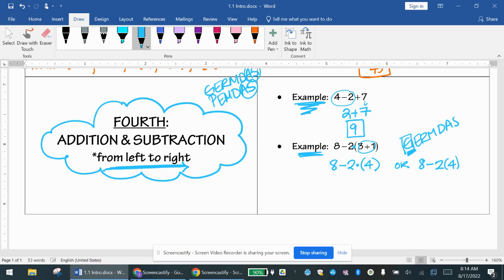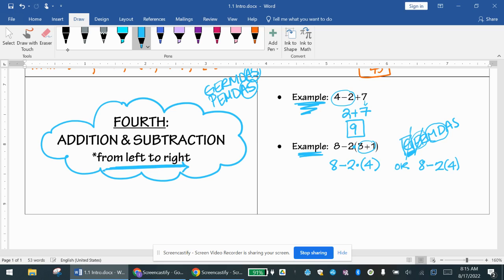Okay, so as I'm following G.E.R.M.D.A.S, right, or PEMDAS, after I do anything inside the grouping symbol, I'm going to look for exponents and roots. But I don't see any exponents or roots in this problem, so I don't have to worry about that. Next comes multiplication or division from left to right. As I read this problem, I have multiplication.